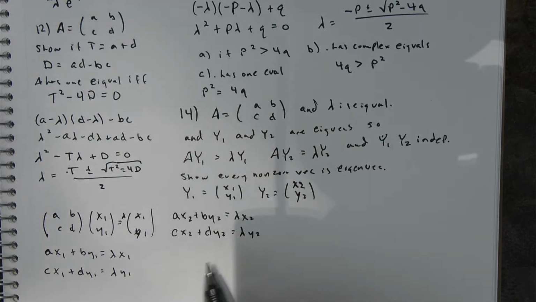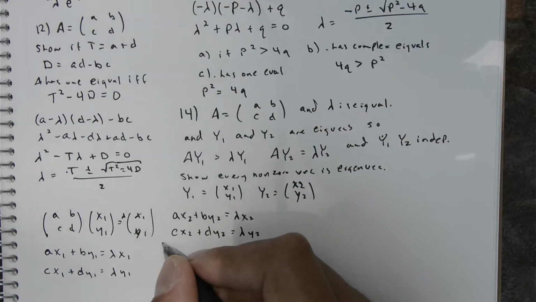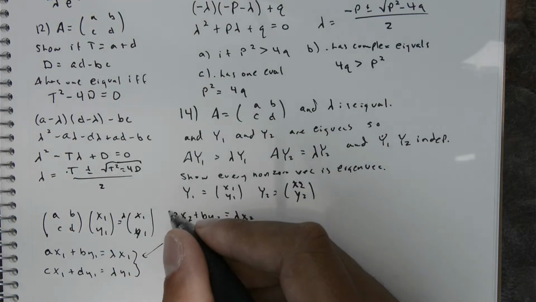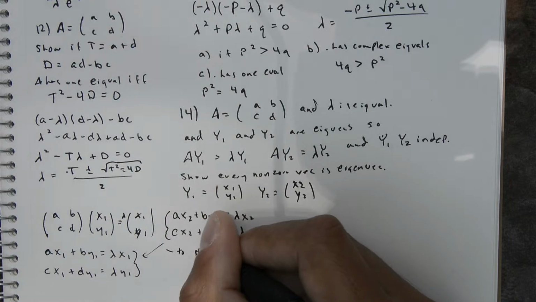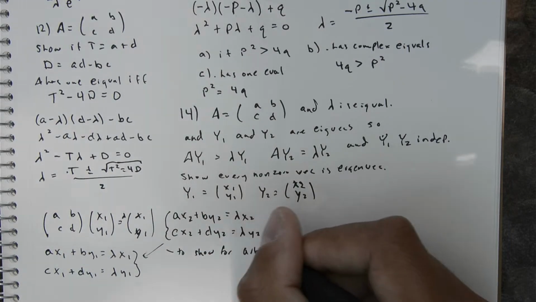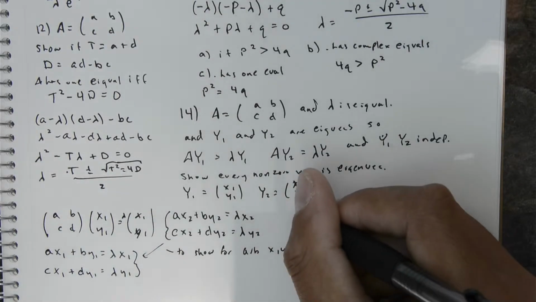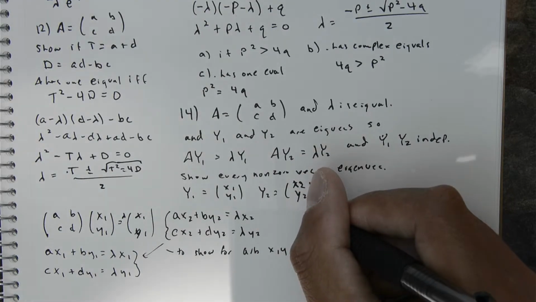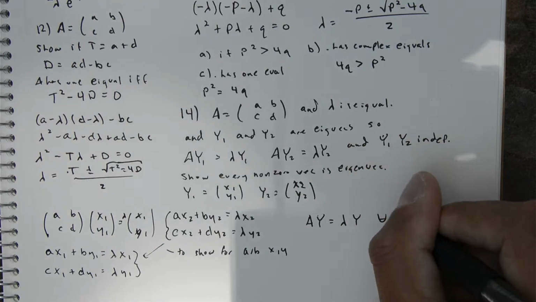So we have both of these sets of equations, and we're trying to use them to show for arbitrary x, y that A times (x, y) is equal to lambda times (x, y) for all vectors.